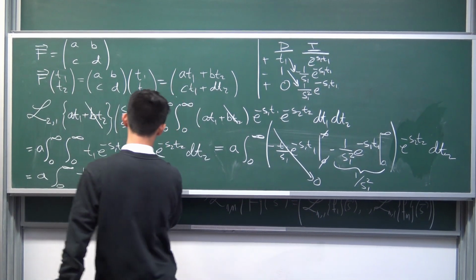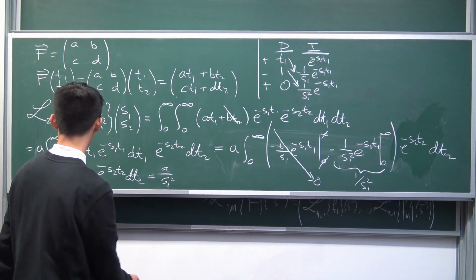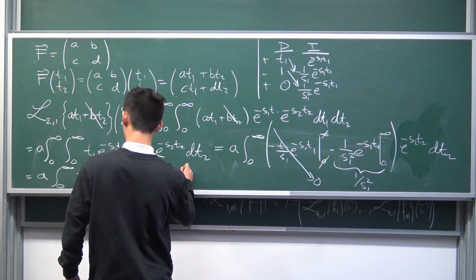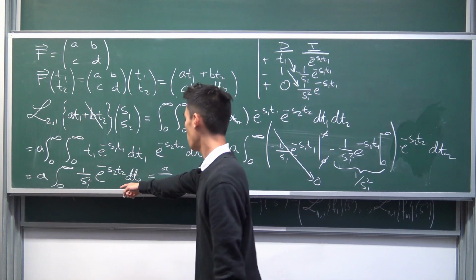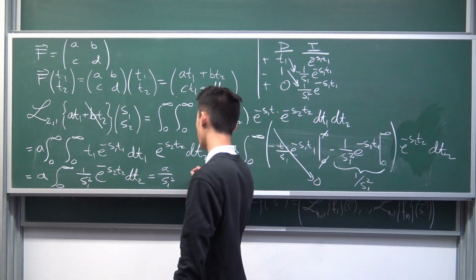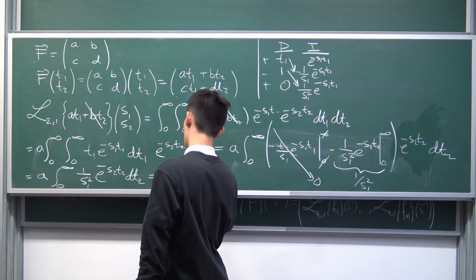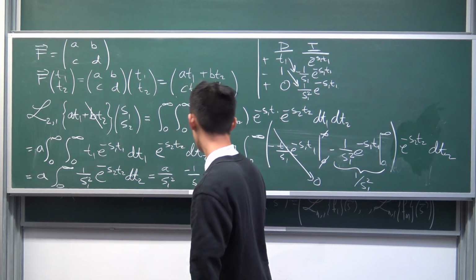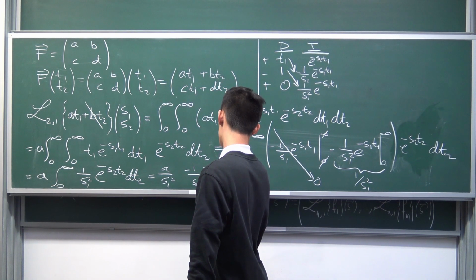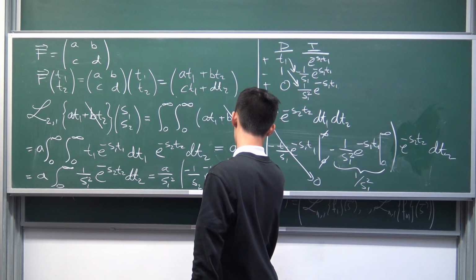a constant, so we would get something like a over s1 squared, and then we have the integral of e to the minus s2 t2, but again, that's easy to integrate, so that's going to be minus 1 over s2, and then e to the minus s2 t2, and we evaluate this from 0 to infinity.